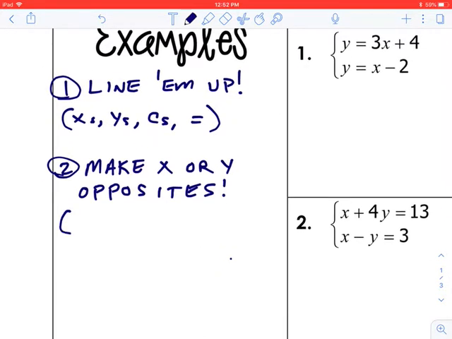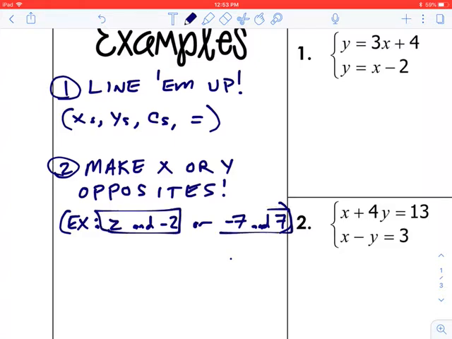So for example, you could have 2 and -2, or -7 and +7. Okay, that would be a couple of examples. 2 and -2, 7 and -7, something like that.